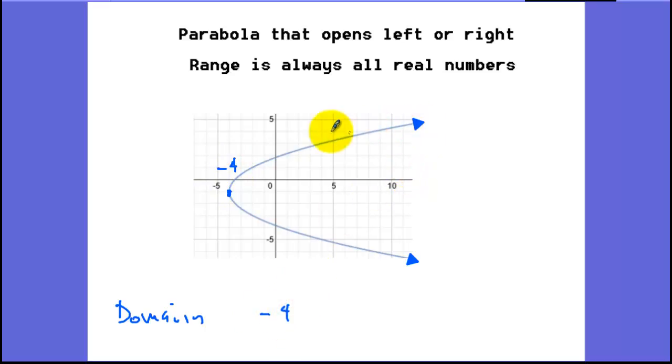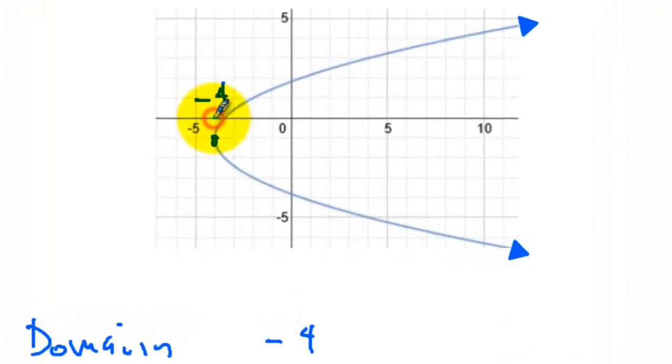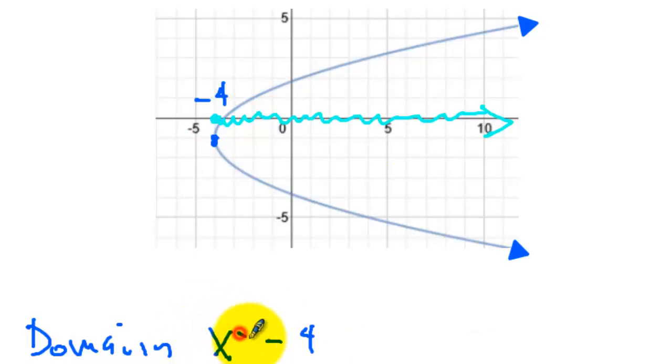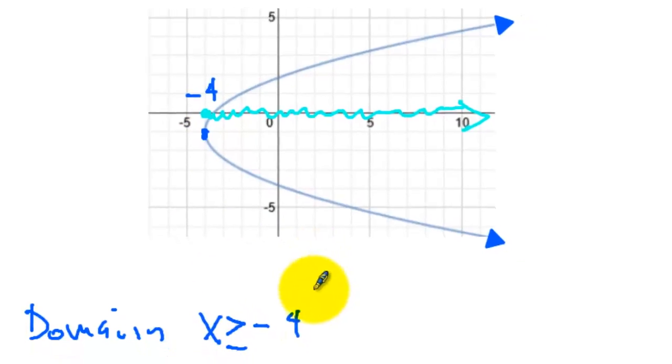As you trace your function, your shadow on the x-axis starts at -4 all the way to the positive infinity. So how are we going to describe all of these points? It will be all real numbers that are greater than or equal to -4.